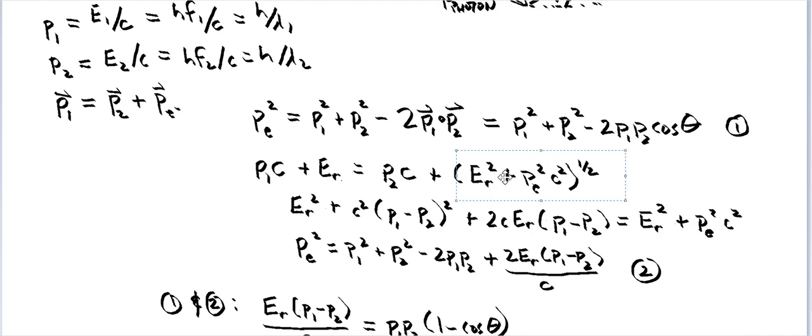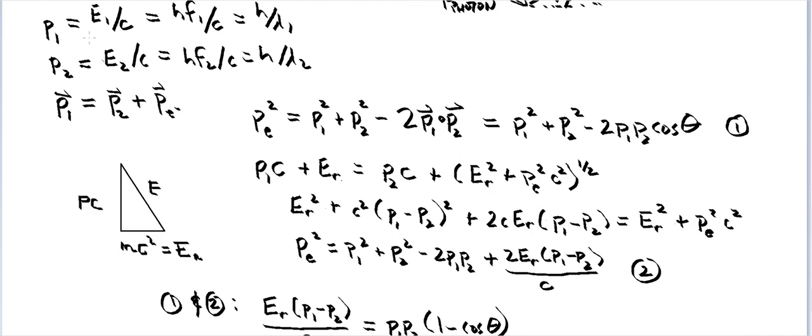Remember the triangle that we had examined previously, where we said that the rest energy was one leg, PC was a perpendicular leg, and the total energy was the energy of the object. I've replicated it here for you.